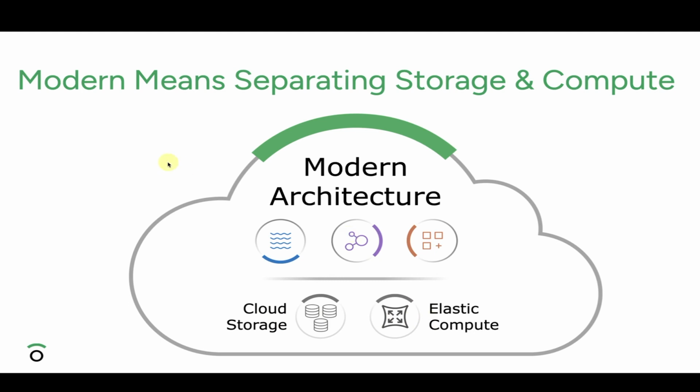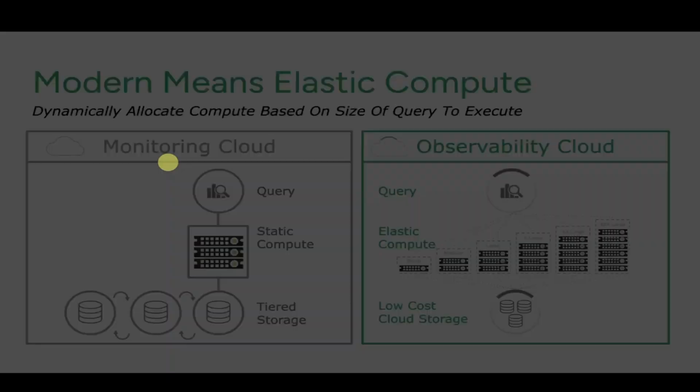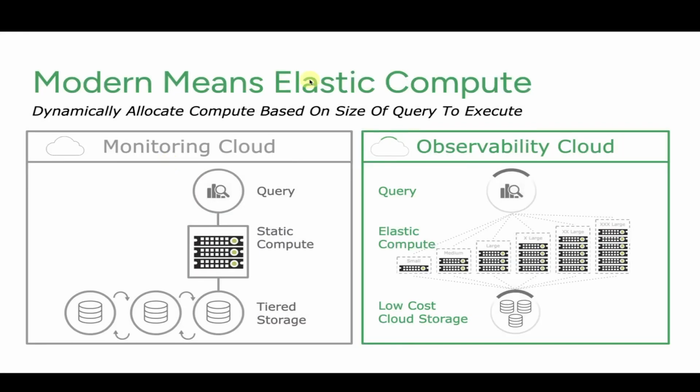So what does that look like? Starting with compute. On the left, this is what I'm used to in the past. Data comes into your platform and gets put into these storage tiers, for example. We're going to talk a little bit about storage in a second, but everything was tied together.